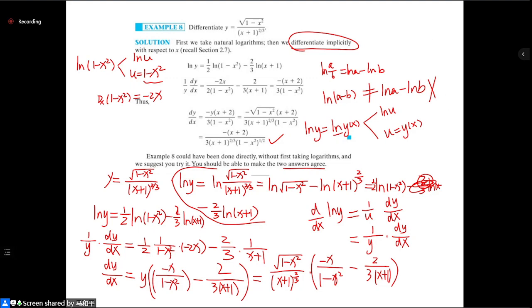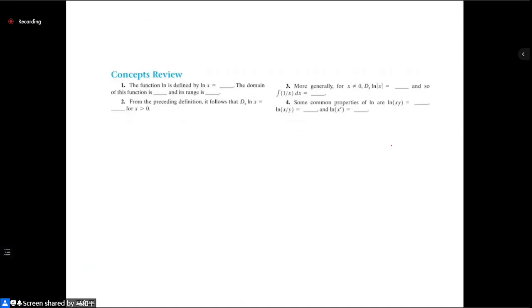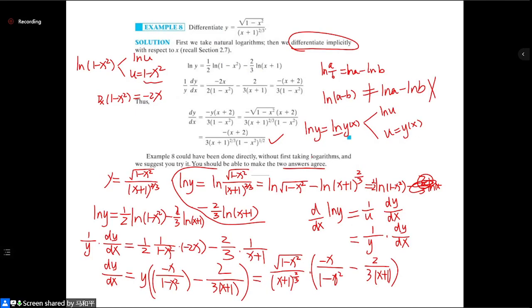Any questions for example 8? Any questions? No? Now I will give you an exercise.